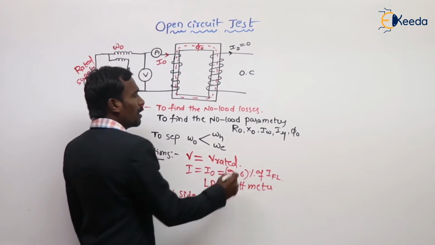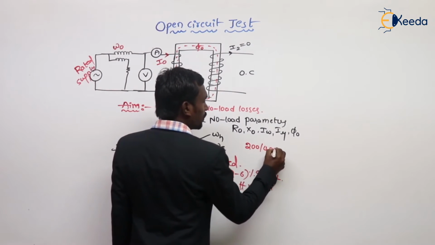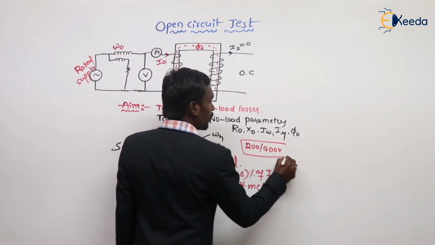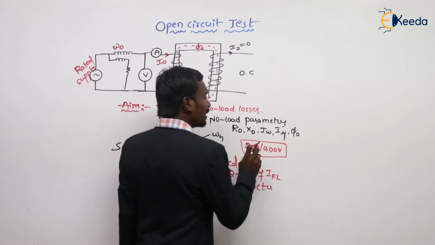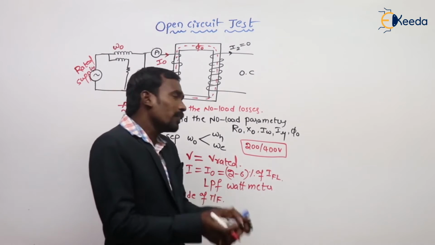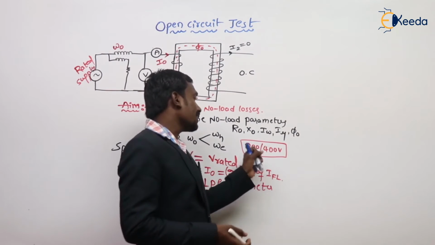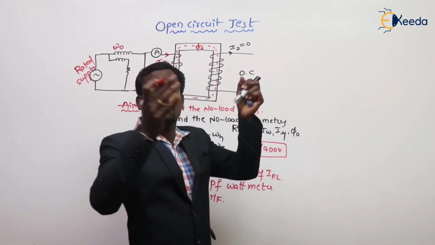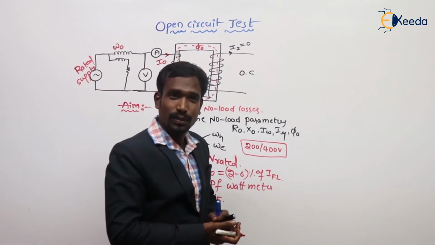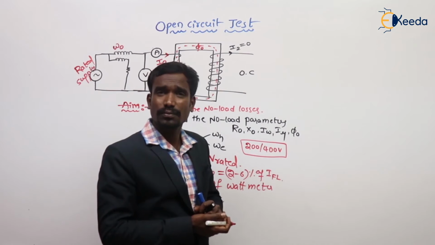For example, my transformer is 200 by 400 volts. If the test is conducted on the LV side, we require only a 200 volt supply source. If conducted on the HV side, we require a 400 volt source. 200 volts is easier.